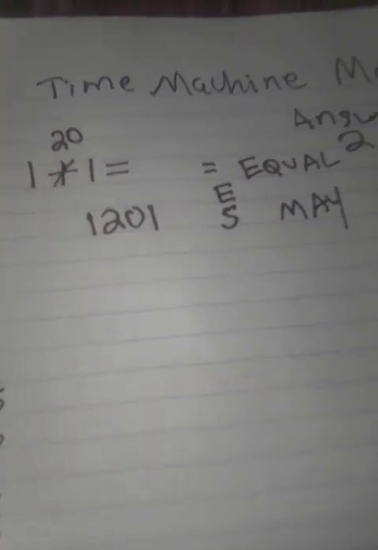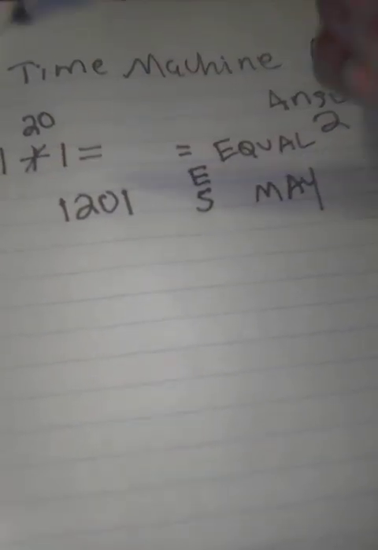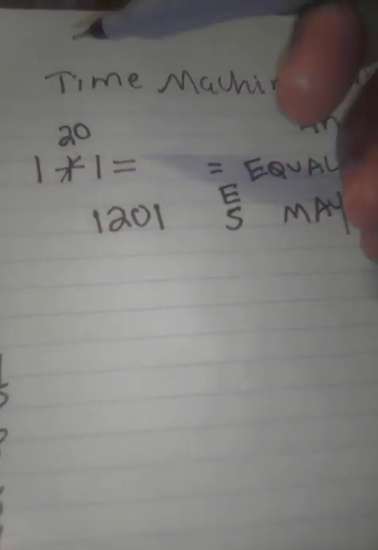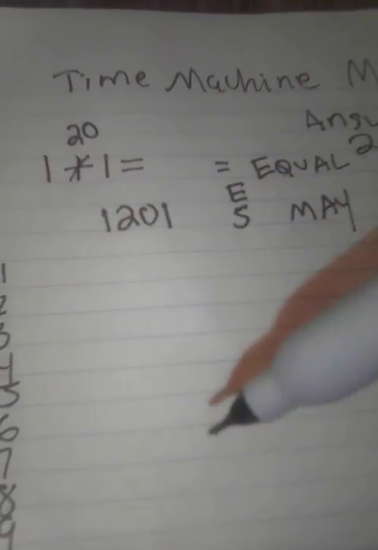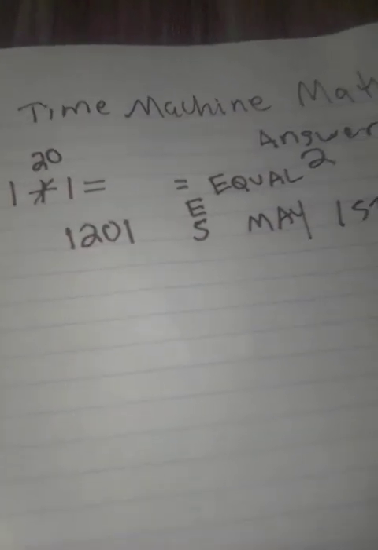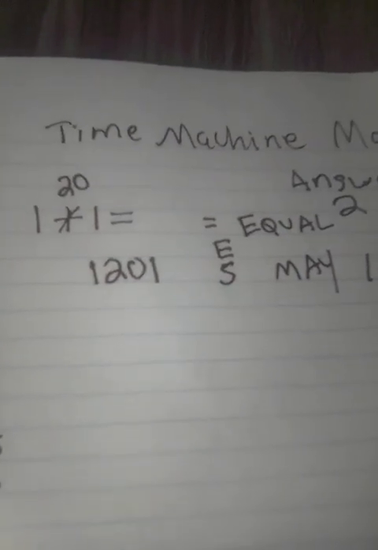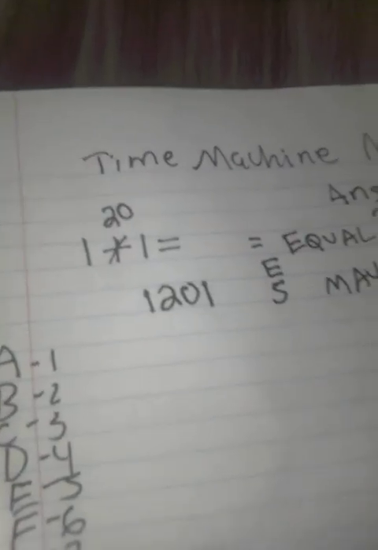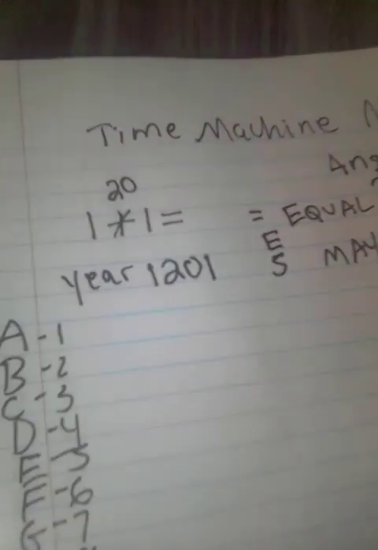Now, notice when I crossed out the T to turn it into the number 20 from the alphabet, notice how it forms a star. So it's highly possible this 5 can also mean a star. But we're turning 1 plus 1 into years now, not a year, years. So we're talking about the year 1201.